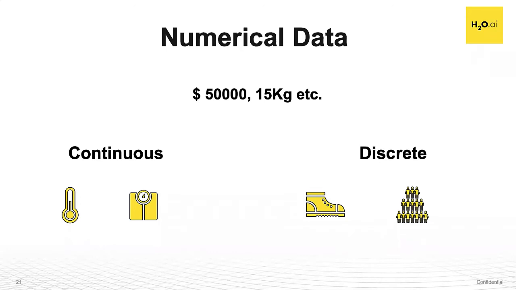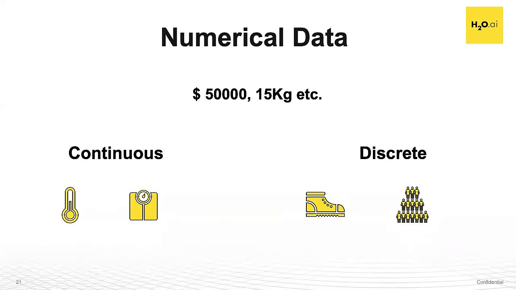Now this numerical data, since it's in the form of numbers, you could add, you could subtract, you could even compare this, like you could compare the height of two people, or you could even compare the incomes of two families.